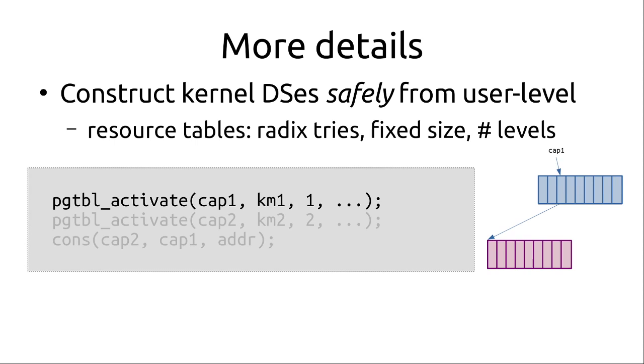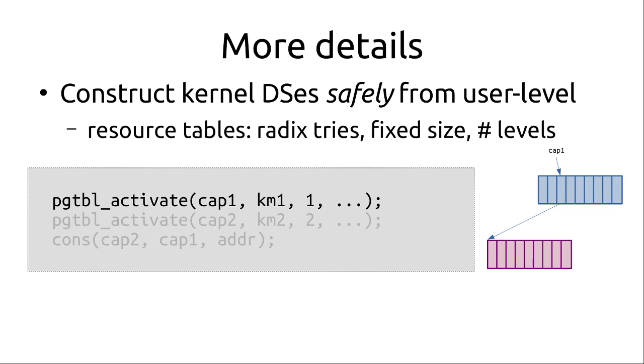And I actually want to go into a little bit of detail here because it gets a little complicated with resource tables. So I'm going to go through this example where we are actually constructing a linked data structure, which is a data structure that has links between different nodes within it, using user level APIs and the capabilities for resources that we have access to.